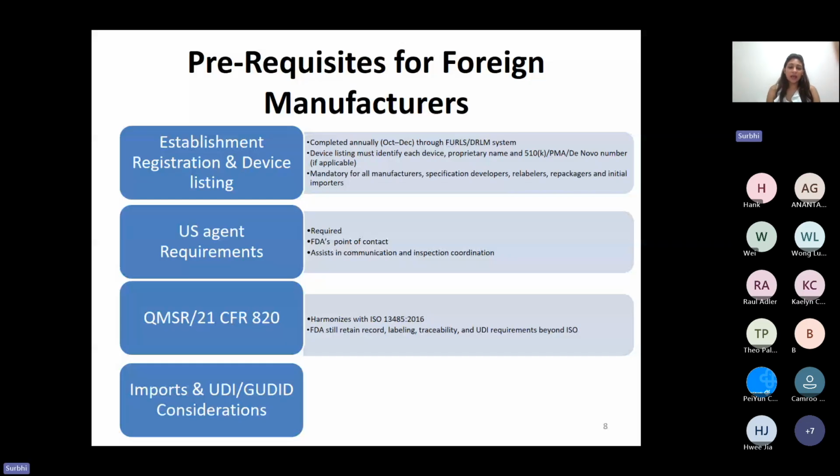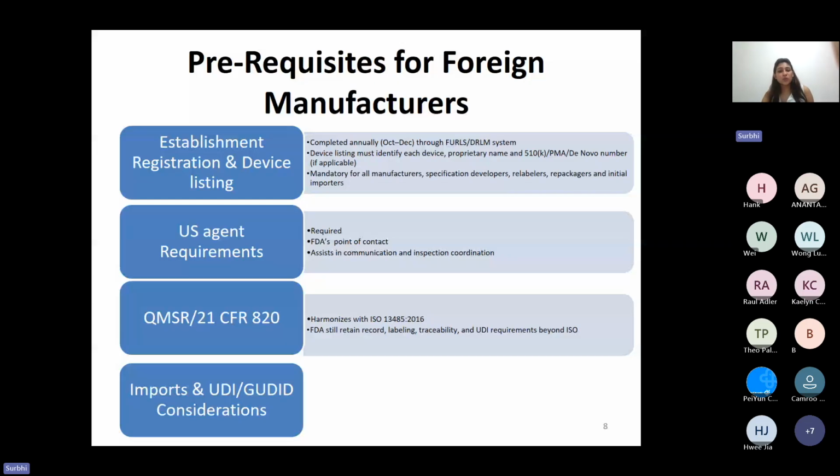This is done annually, from October to December, via the FURLS and DRLM system. This is mandatory for manufacturers, specification developers, relabelers, repackagers, and importers.